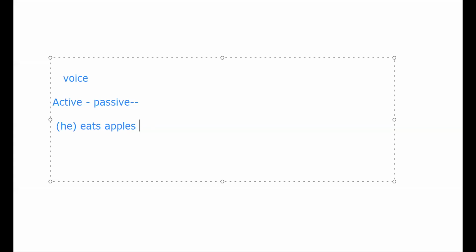But if I say this sentence, apples eat. Now, eat is the action. Who is the actor? Apples. Then apples eat. Yes, the whole logic is gone. Idiotic sense. Apples eat what? Apples cannot eat. Somebody eats apples, but not apples eat someone, right? So this is a problem. This subject cannot perform the action.